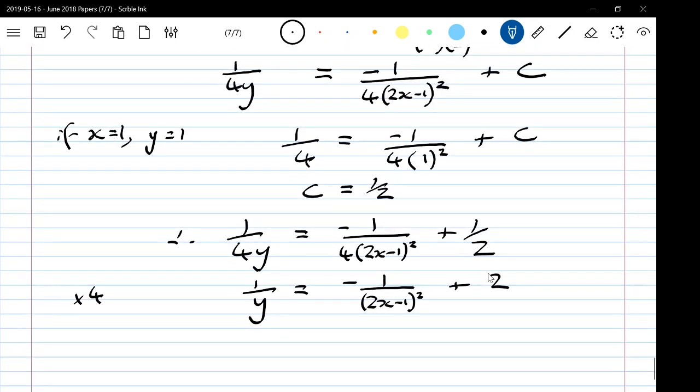Right, I'm supposed to get y equals. At the moment I've got 1 over y equals. I have to be really careful now because there's a temptation at this stage to just turn everything upside down and write the wrong line, that would be y equals minus 2x minus 1 squared plus a half. We know that that line would be wrong, don't we?